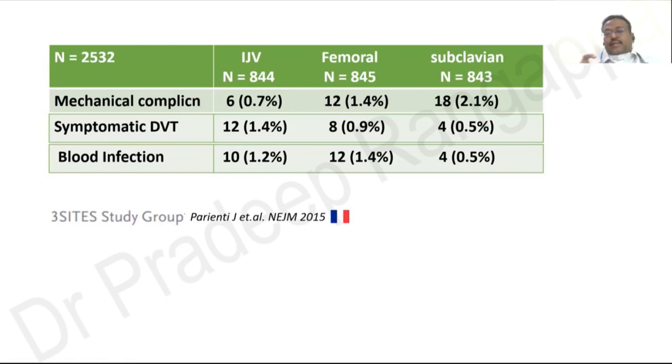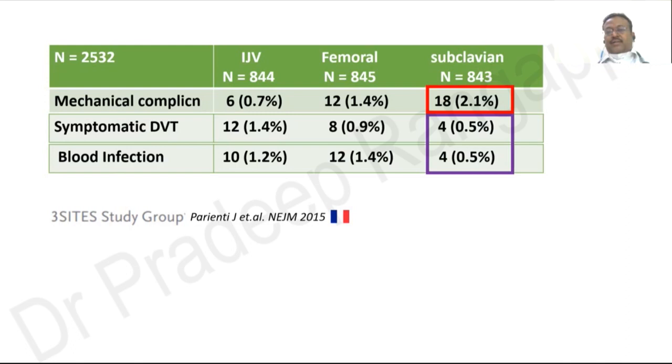And when you look at central line or catheter associated bloodstream infections, again, that was least in the subclavian vein, followed by IJV and femoral. So when it comes to infection risk, subclavian appears to be the one which has the least infection, followed by the internal jugular vein. But when it comes to complications, it seems to be highest in the subclavian vein.